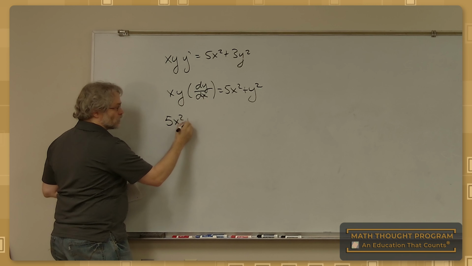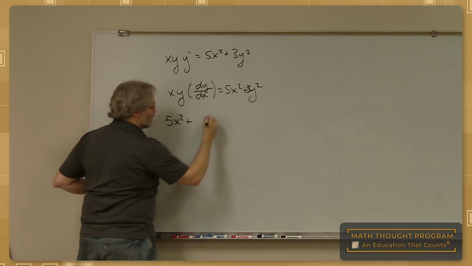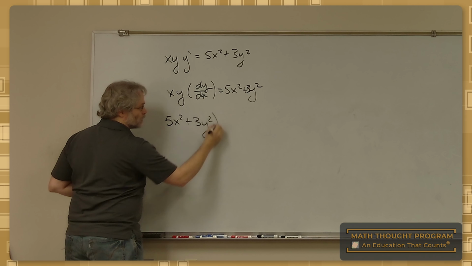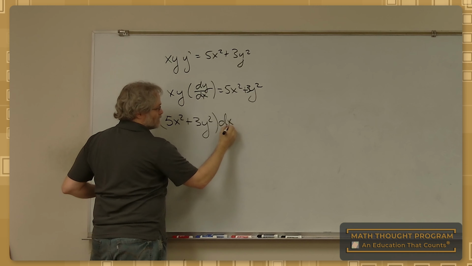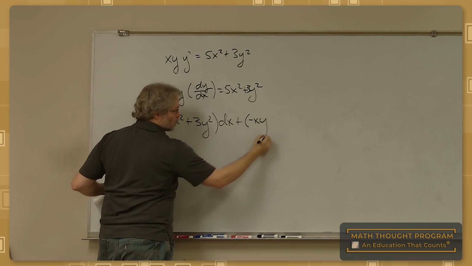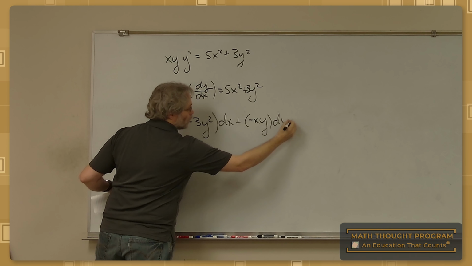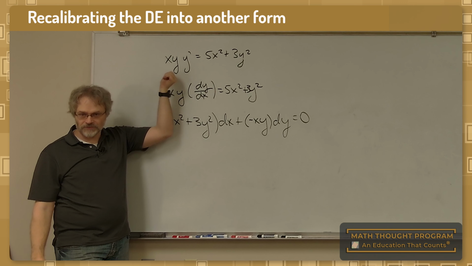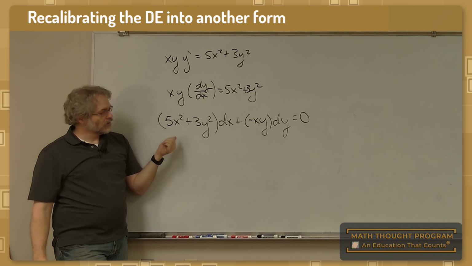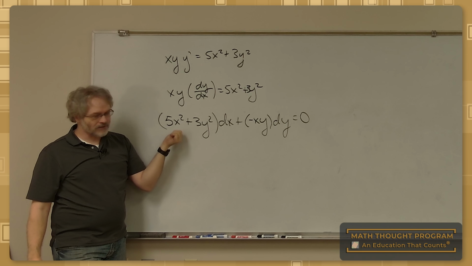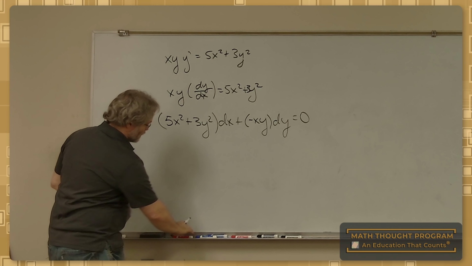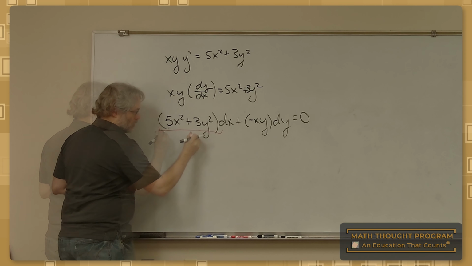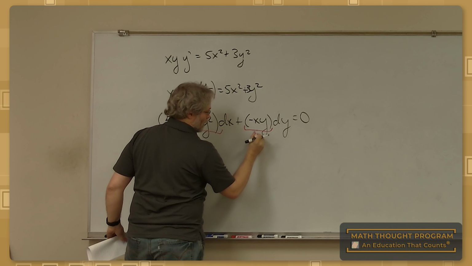You would get 5x squared, oops, don't forget 3, 3y squared dx minus xy dy. So just a recalibration of the given differential equation. And I see that I can call this function maybe M, and maybe call this one N.